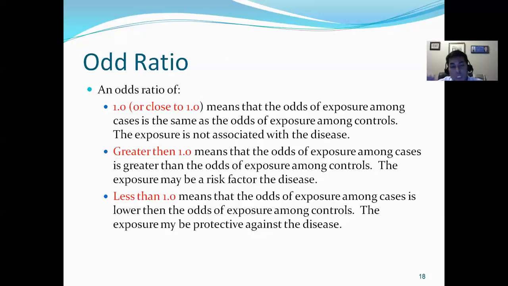So always remember, less than 1, it might be protective against the disease. Above 1, it's towards causing the disease. And if it's 1, there's actually no association between the exposure and the development of the disease. So 1 is always our point of reference in the odds ratio.